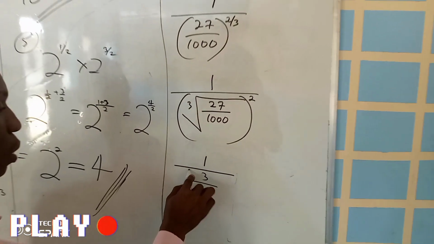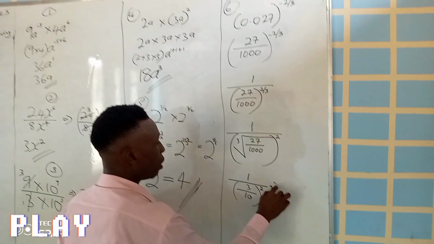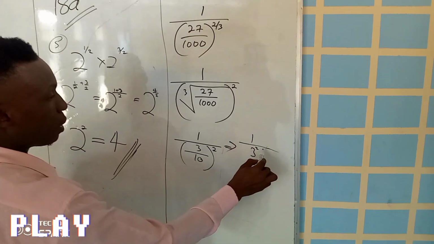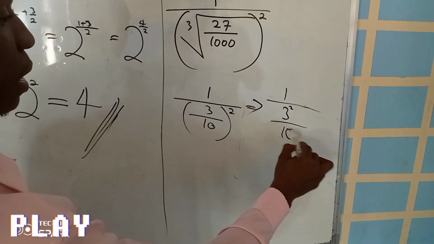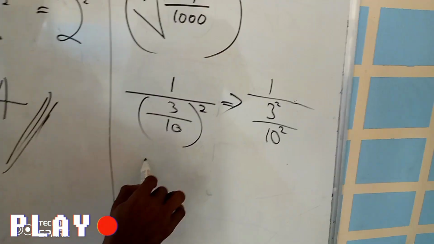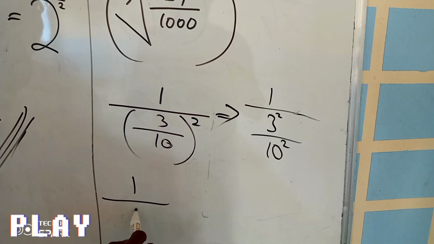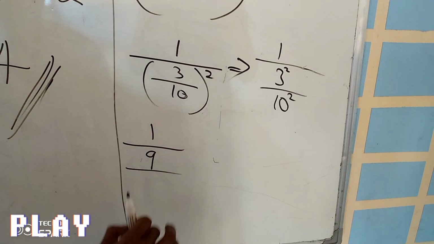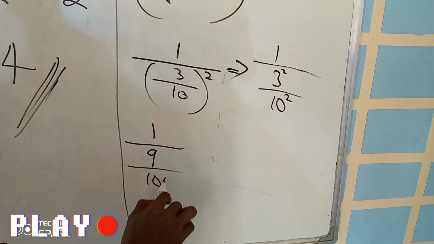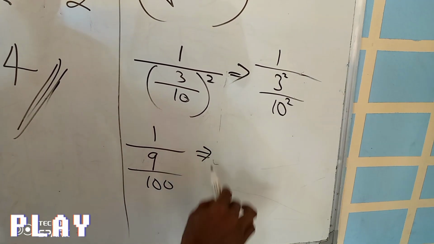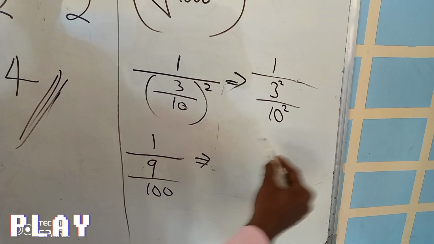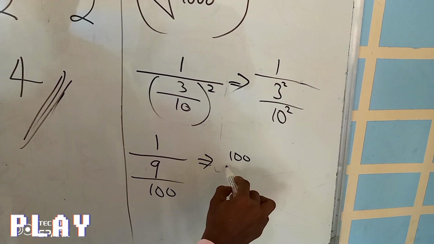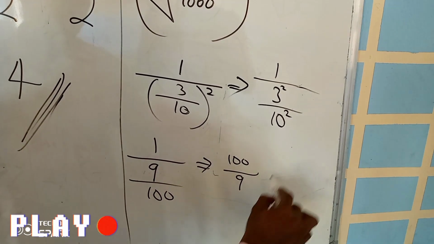But don't forget to square, all is being squared. That will give us 1 all over 3 squared over 10 squared. 3 squared is 9, and 10 squared is 100. So to remove the 1, take the inverse of this, that should give us 100 over 9.